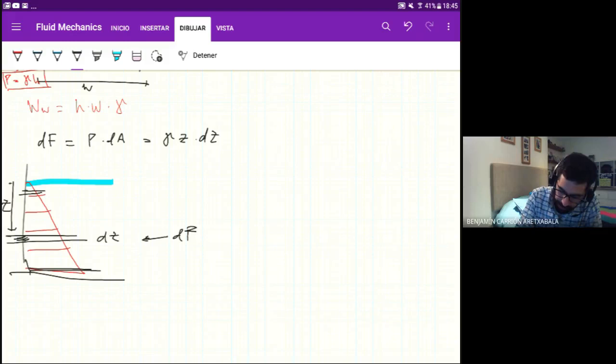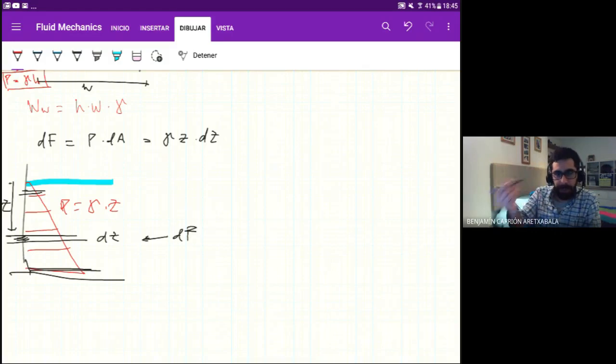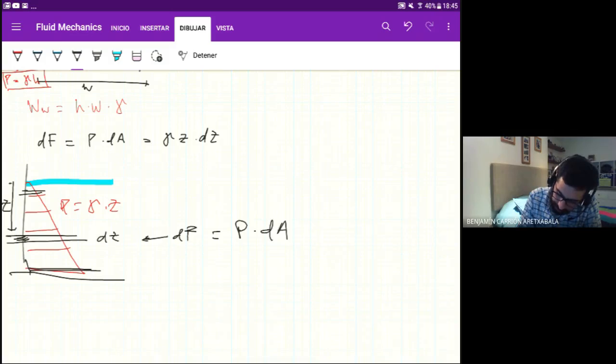And let me just write down P, the pressure. So P is going to be gamma times z. So the deeper you are, the higher the pressure. And therefore, dF is going to be your pressure times your area, which is going to be gamma times z times dz.